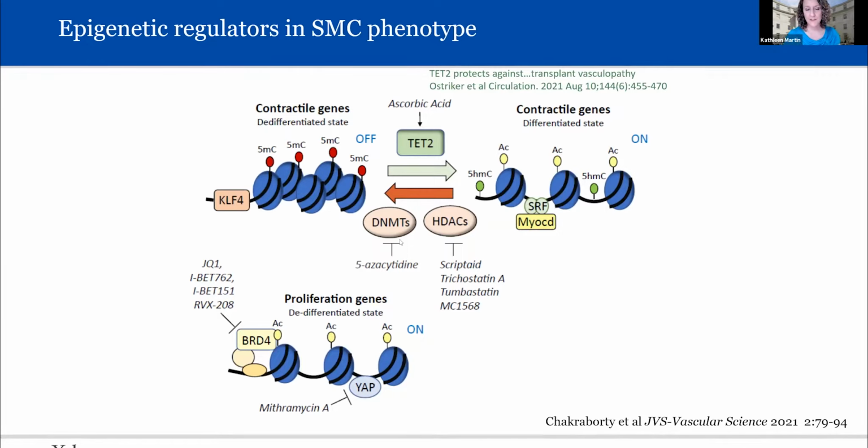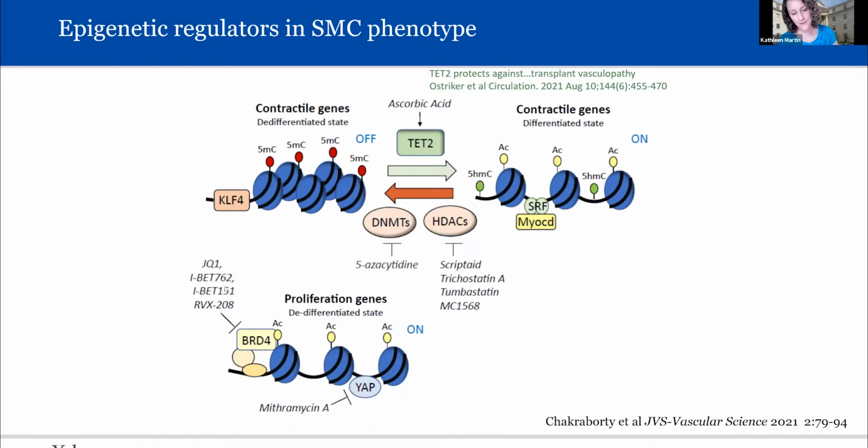Now, other kinds of epigenetic regulators, DNA methyltransferases and histone deacetylases, have been associated with the dedifferentiated phenotype. These repress contractile genes in smooth muscle cells, and inhibitors of DNMTs or HDACs have been shown to inhibit intimal hyperplasia in mouse models.